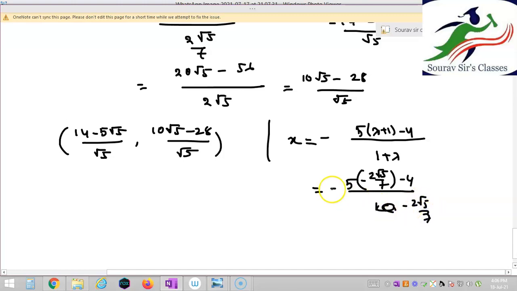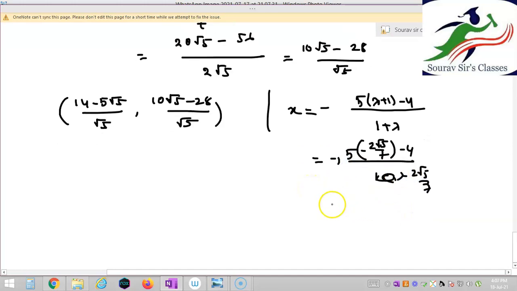So I am cancelling this minus with this minus, so I can write it minus of 2 root 5 by 7 in the numerator. So 10 root 5 minus 28 by 2.